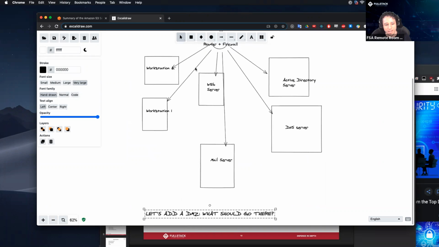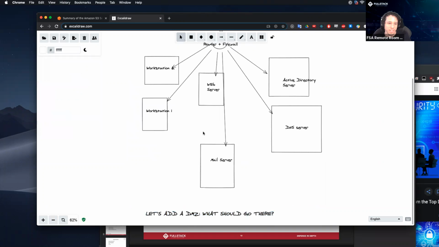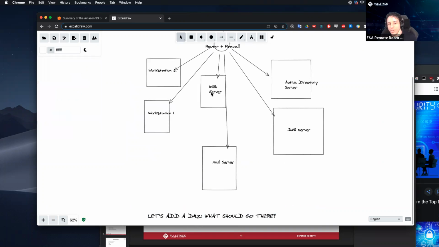So what I want to do is turn this so that we have a DMZ. My question for you is, of these servers, who should go in the DMZ and why? The web server, because it has more access to the internet.